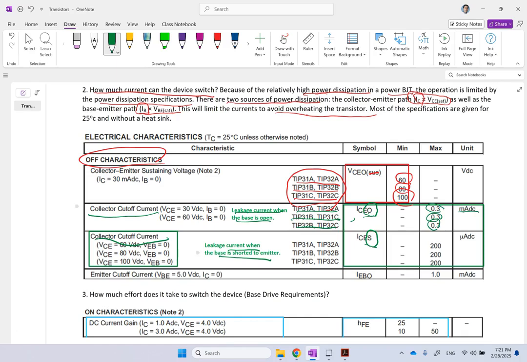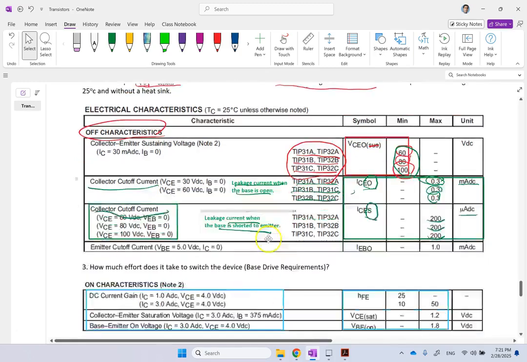But if the base is shorted to the emitter, now they can only hold 200 microamp DC. So at most, the current they can hold and keep the circuit open is about 0.3 milliamp. And the voltage they can hold back is 60 to 100 volt DC in this case, for this specific category of transistors.